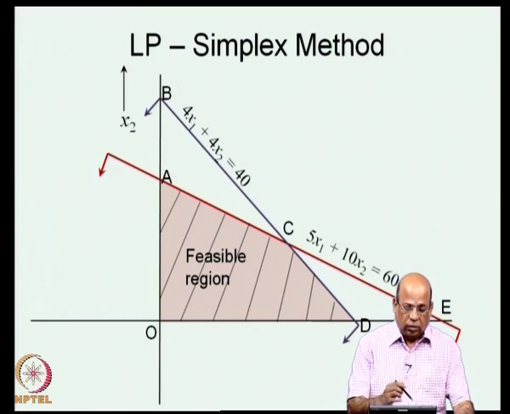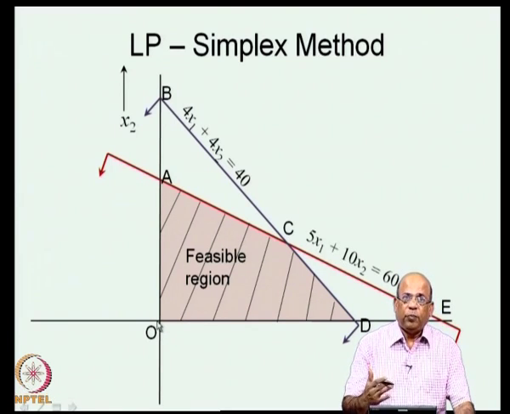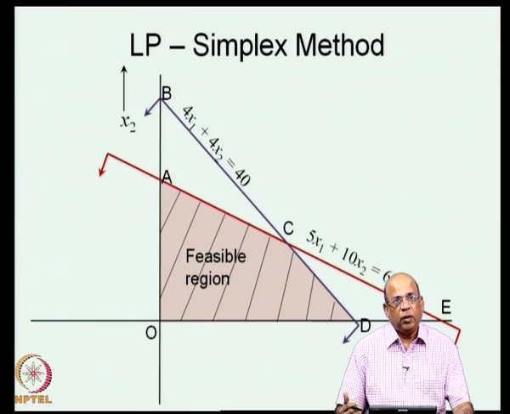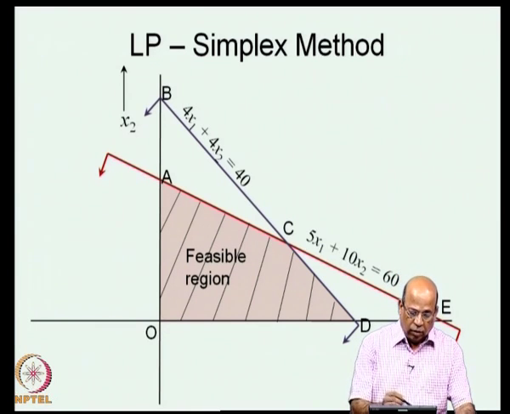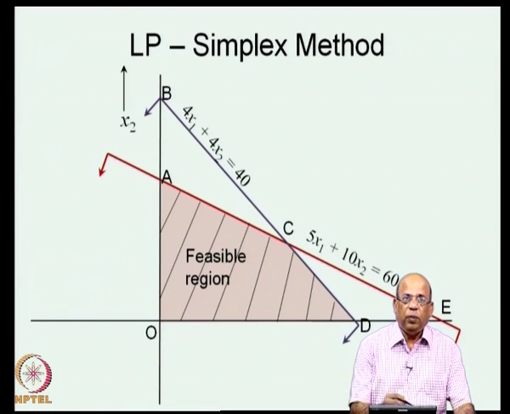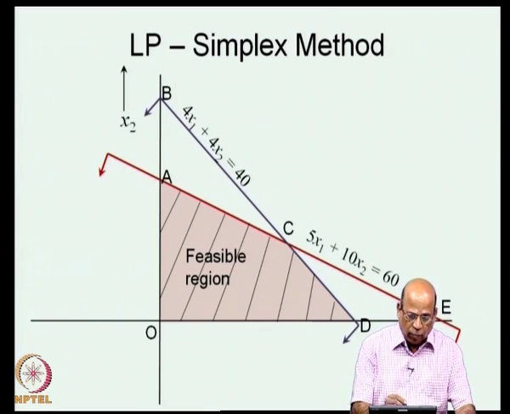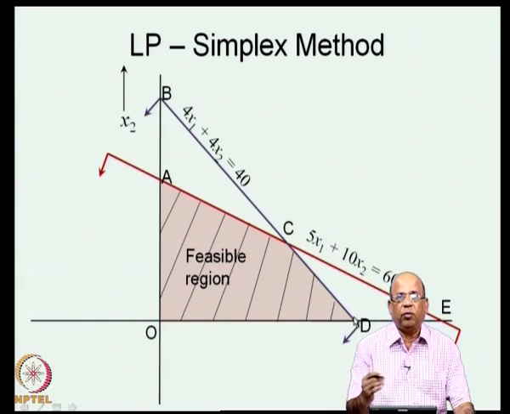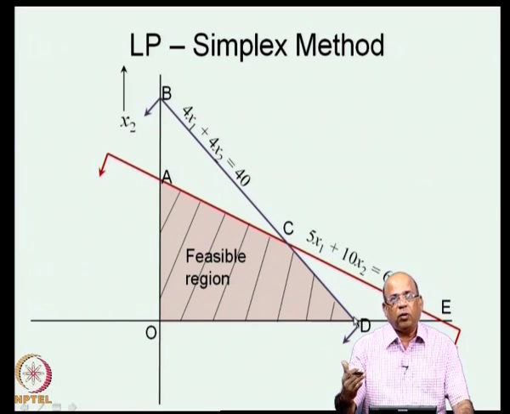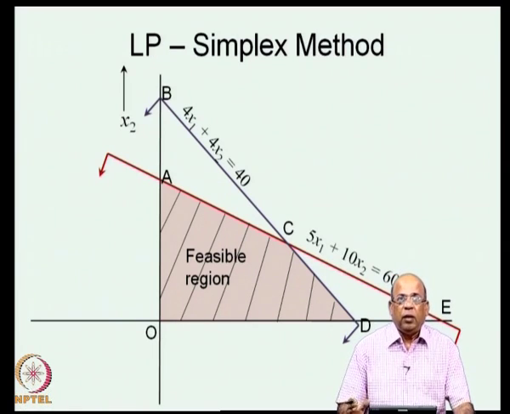In fact, that leads us to the way we progress in the algebraic form of solution. Starting with one basic feasible solution, we should be able to progress to the next basic feasible solution, which means that from one corner of the feasible region, we should be able to move to the next corner, and from there to the next corner, and so on.